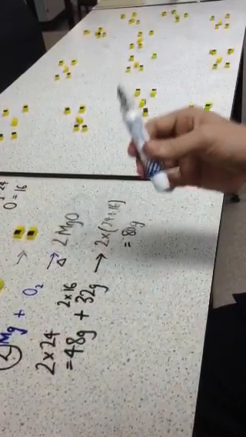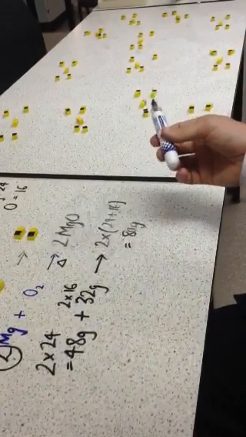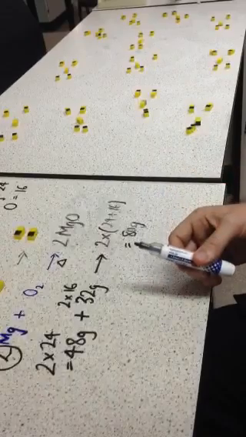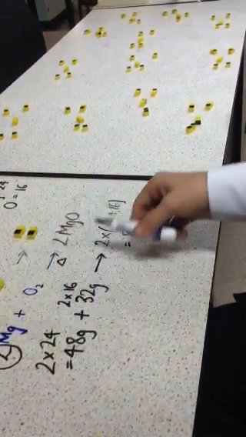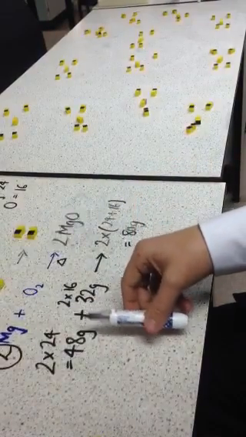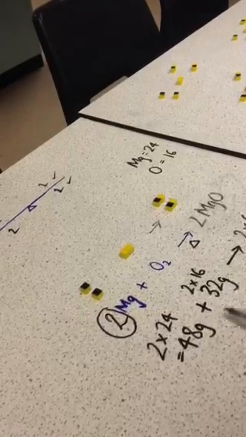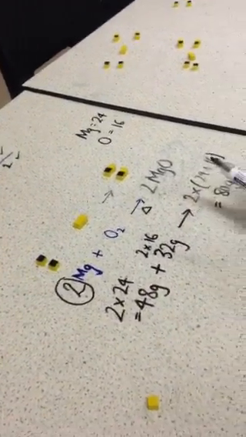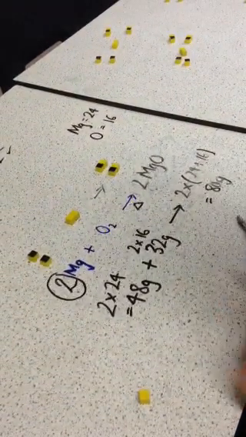There would be billions and billions of magnesiums reacting with billions and billions of the oxygens to produce billions of billions of molecules of magnesium oxide. So this is just representative of, for every 48 grams of magnesium, you have 32 grams of oxygen, which goes to 80 grams of the magnesium oxide.